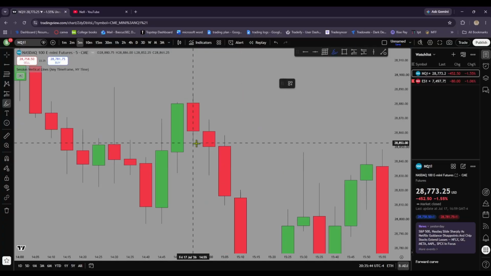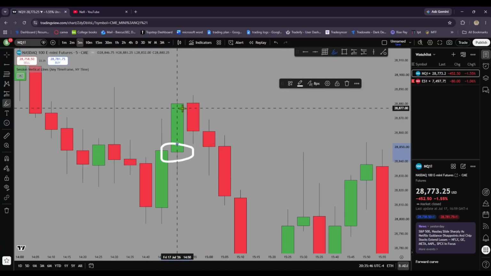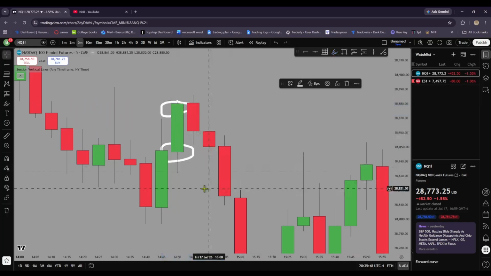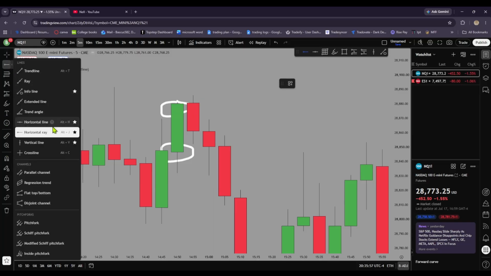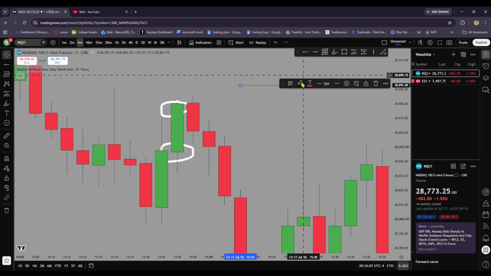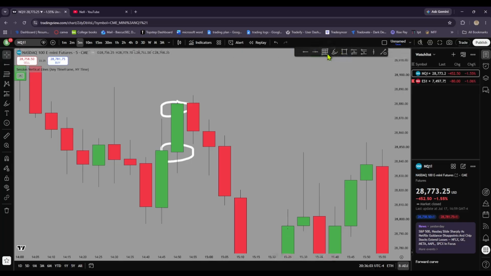Okay, so this candle here opened right here, closed right here. What you have to do to identify break of structure is look for the horizontal ray tool, I'm not exactly sure where it's at. Oh, it's up here, right? Star that so it can pop up here in your little tools list.